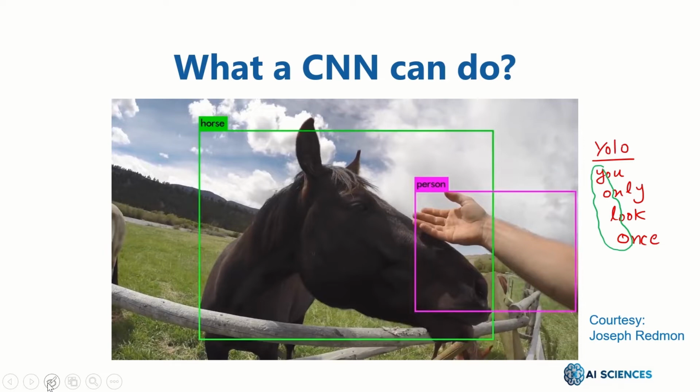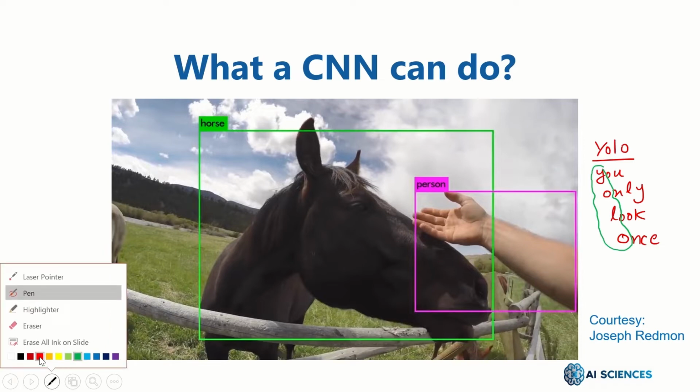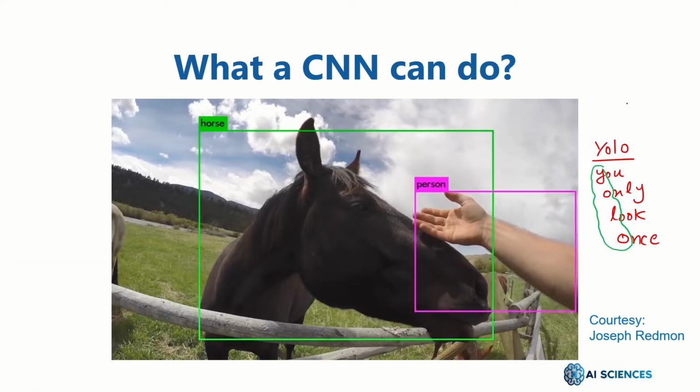I mean, it was trained on the ImageNet dataset, and the total number of categories of that dataset is about 22,000. These are the total number of types of objects that it was able to detect.